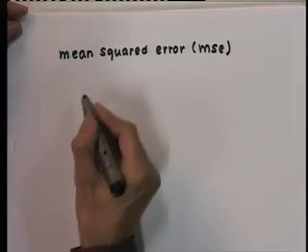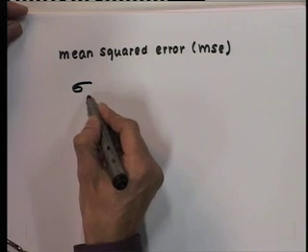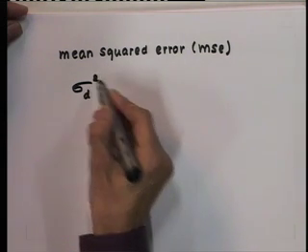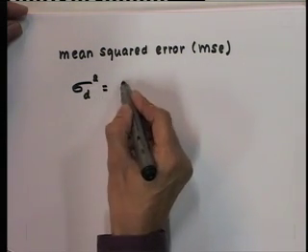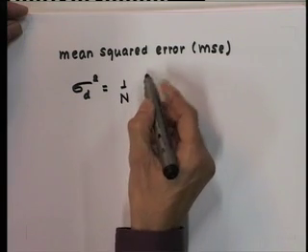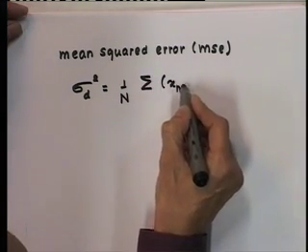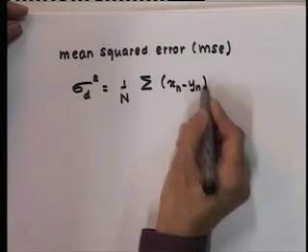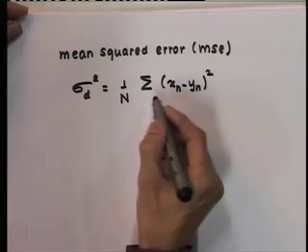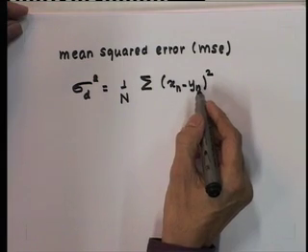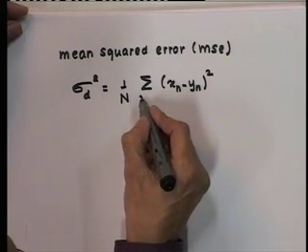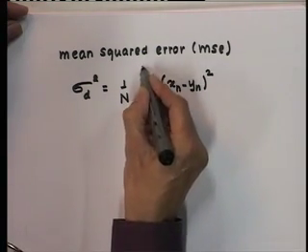This is often represented by the symbol sigma d squared is equal to 1 by N summation of the difference (x n minus y n) squared, summed over the length of the sequence.